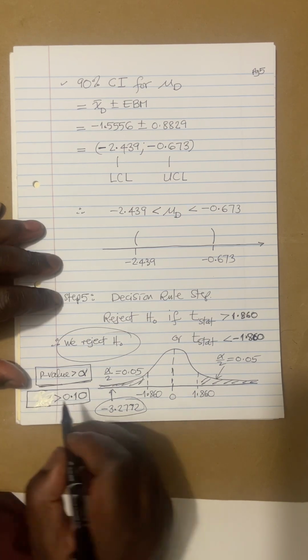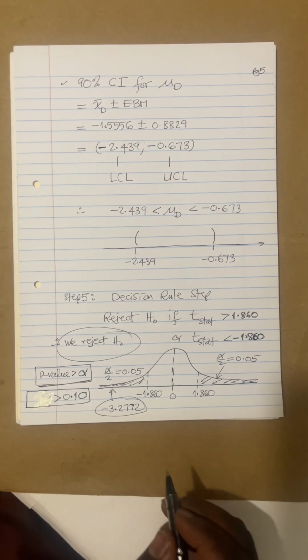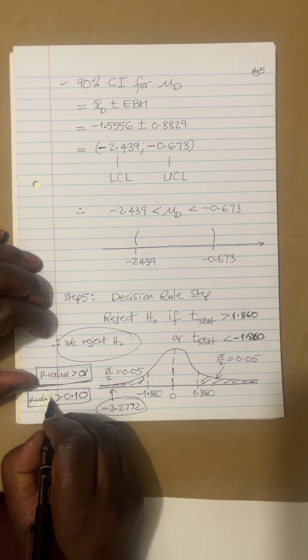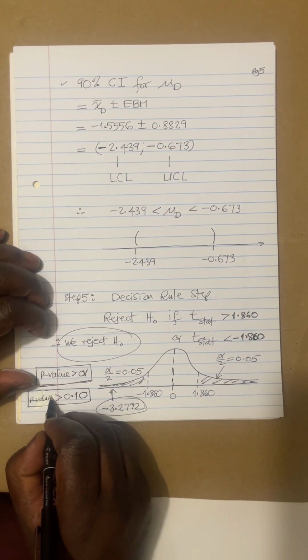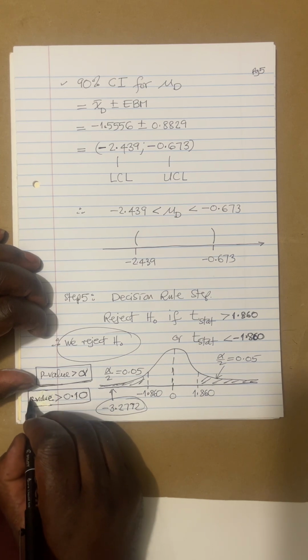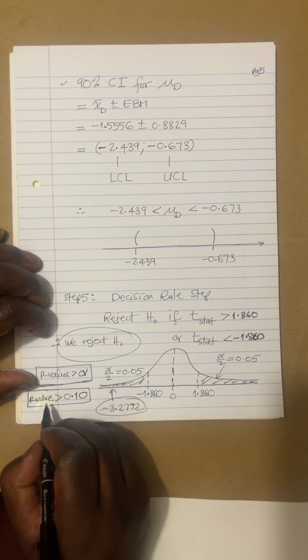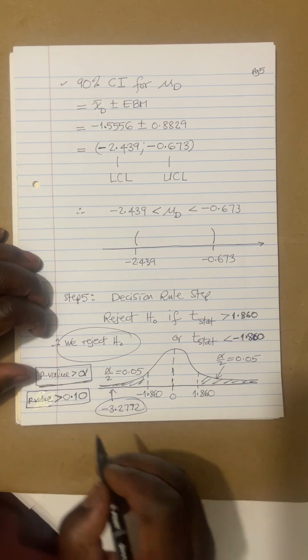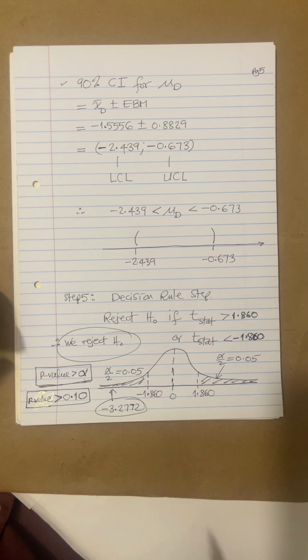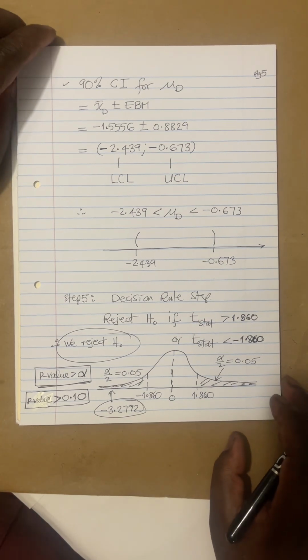I'll have to record another video for question number 4. So the p-value here is less than 10%, because alpha is 10% according to this question here.